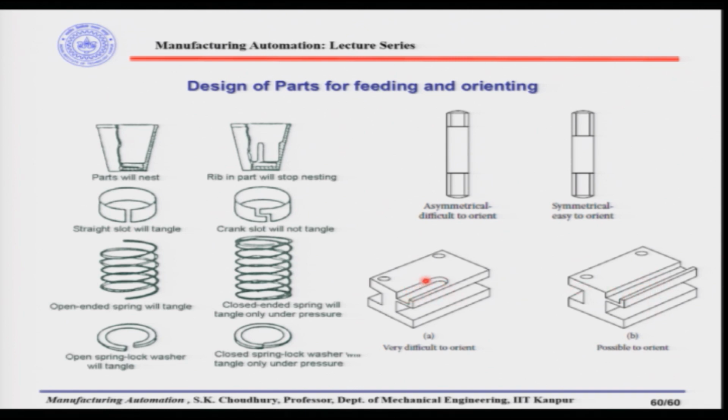So, by extending this feature in the design, we are not disturbing the functioning of the part, but we are facilitating the parts to get reoriented. These are the ideas of this kind of changes in the design.